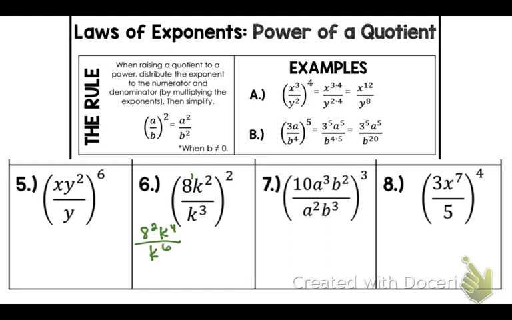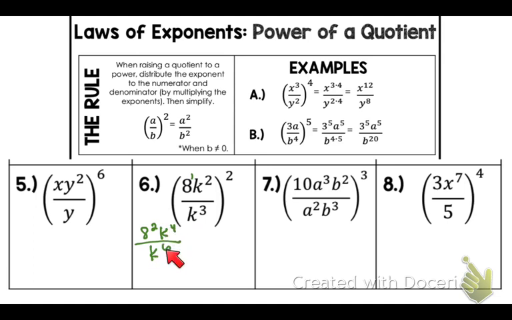Now, if you remember, this is the quotient rule. The k and the k are the same base. That means you can simplify further. You could either use the negative exponent rule, or just your quotient rule. I'm going to keep it simple and just do the quotient rule from here. So I'm going to look to see, okay, k and k, they have the same base.